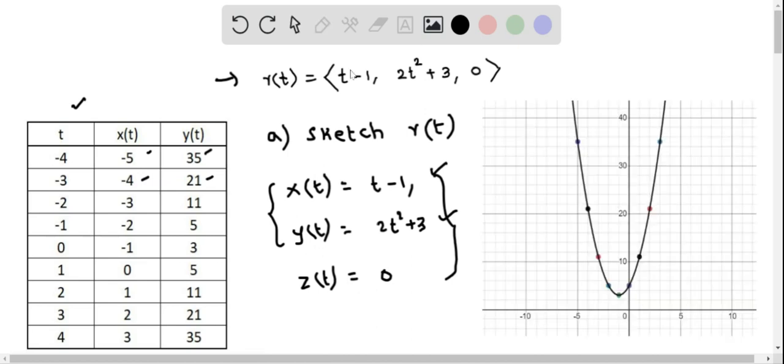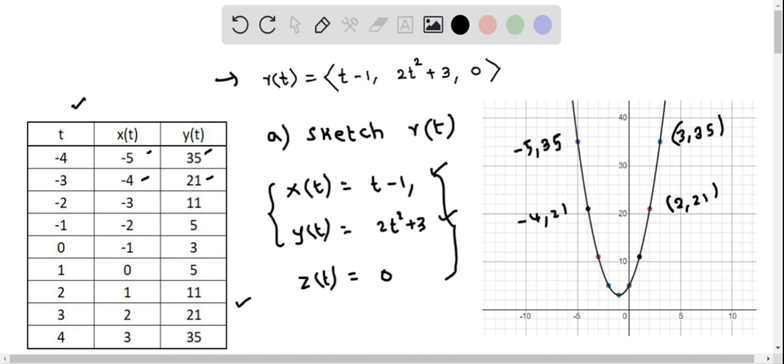Okay, here I showed the sketch of this function r of t after plotting the points from the table. This point is negative 5 comma 35, and we have another symmetric point, that is 3 comma 35. Likewise, I have plotted all the points. This point is negative 4 comma 21, and the symmetric point is 2 comma 21.